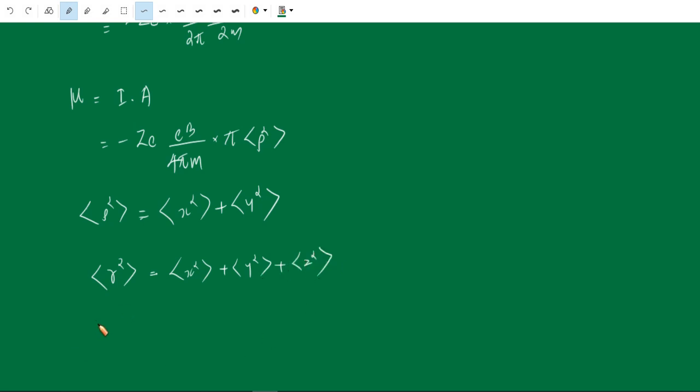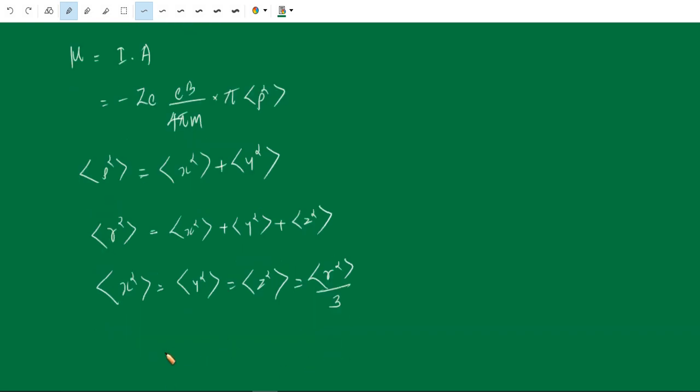For a spherically symmetric electron distribution around the nucleus, if the electrons are revolving around the nucleus in a spherically symmetric manner, we can write mean x square equal to mean y square equal to mean z square equal to mean r square divided by 3.